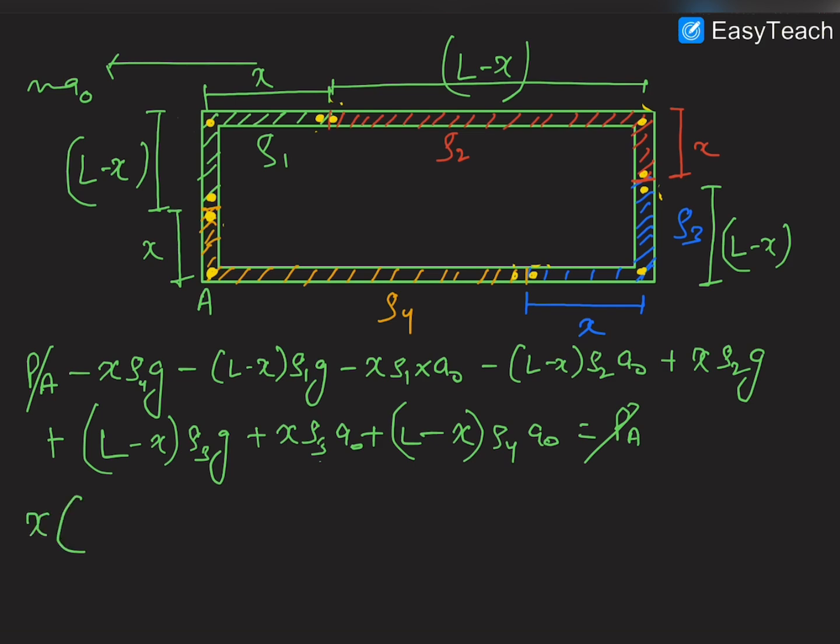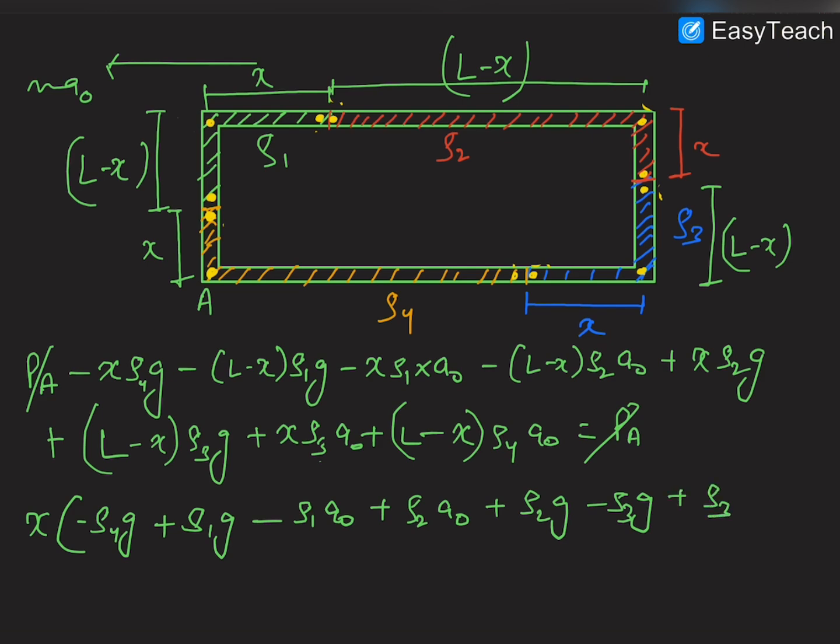This will be minus rho 4 G, this will be plus rho 1 G, this will be minus rho 1 A naught, this will be plus rho 2 A naught, this will be plus rho 2 G, this will be minus rho 3 G, and this will be plus rho 3 A naught and this will be minus rho 4 A naught.